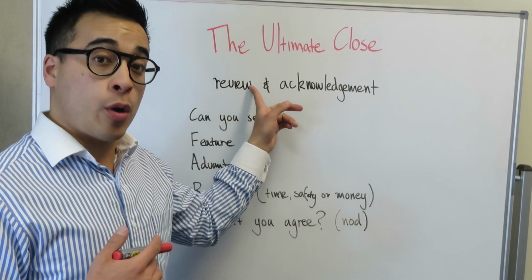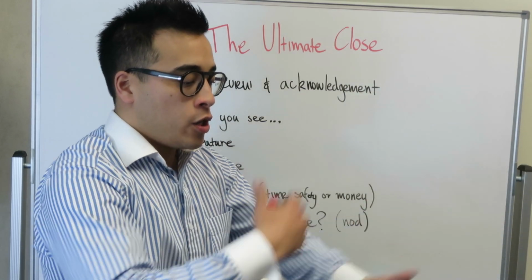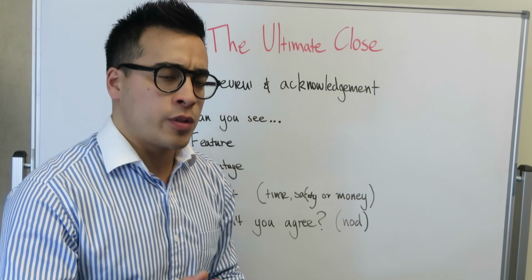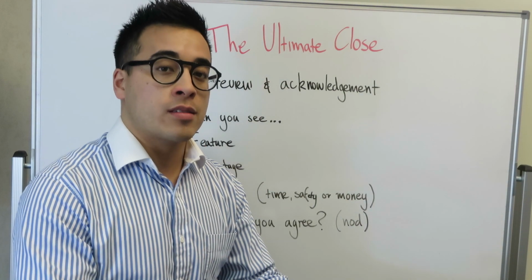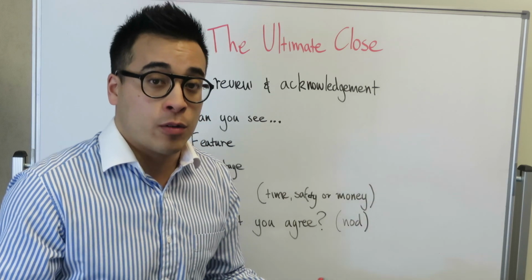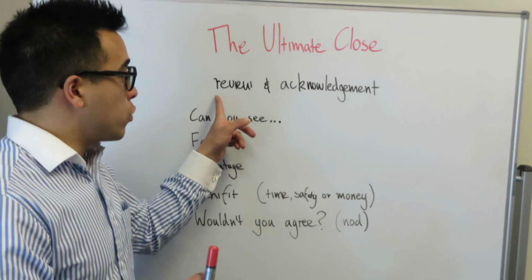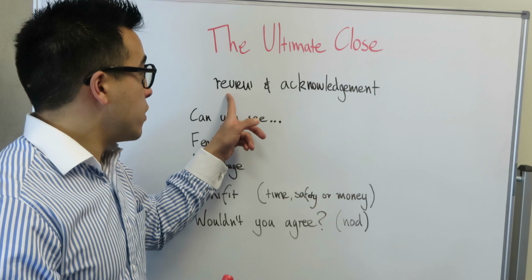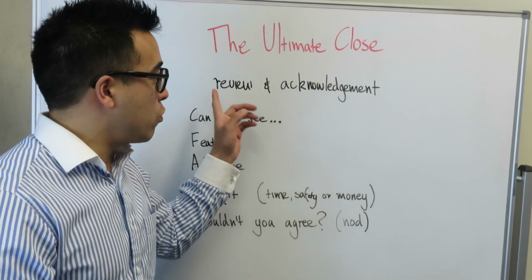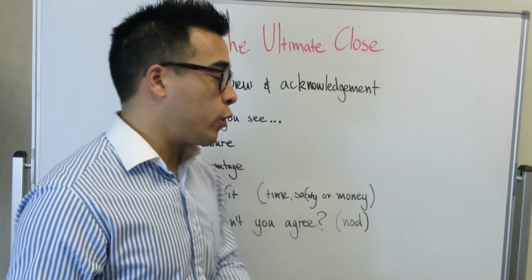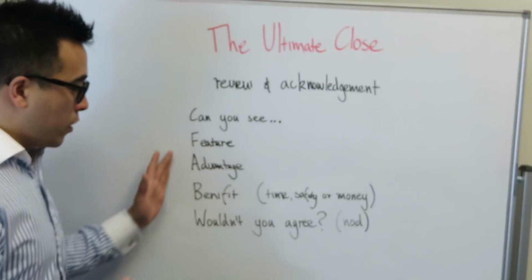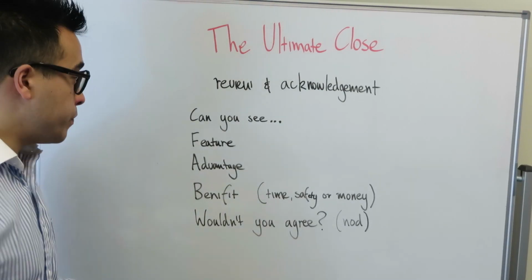You review what you just spoke about, highlighting things and going through it, and I suppose selling is more teaching than it is pitching, okay? When you educate someone, that is when you do the best sale. You're teaching them, and then at the end you review what you taught them, and you get their acknowledgement, and that's the close. I'll give you the framework and then I'll show you how we use it.